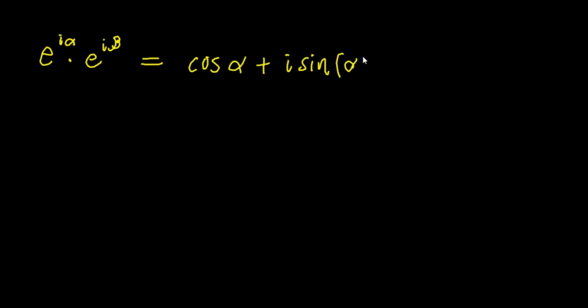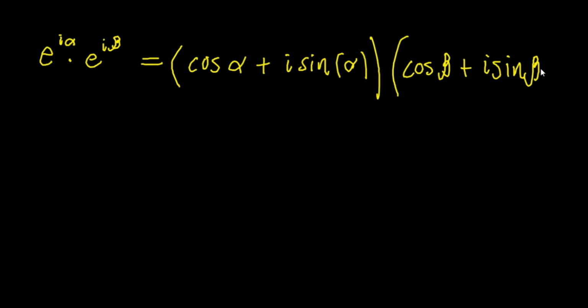Again using Euler's formula, this is equal to cosine of alpha plus i sine of alpha times cosine of beta plus i sine of beta.